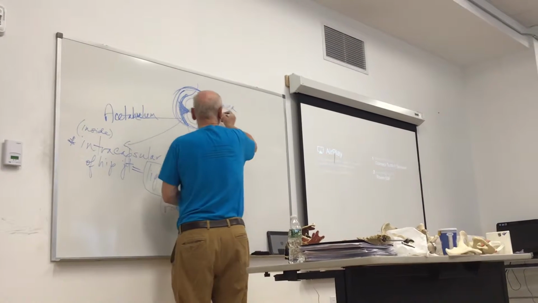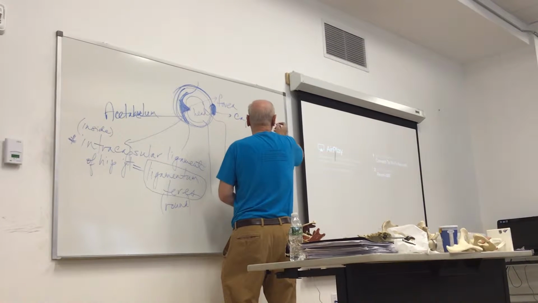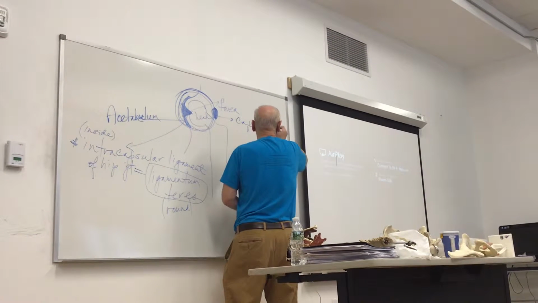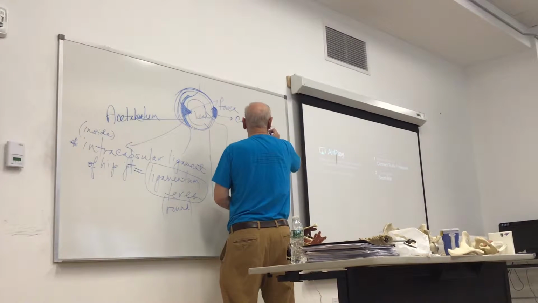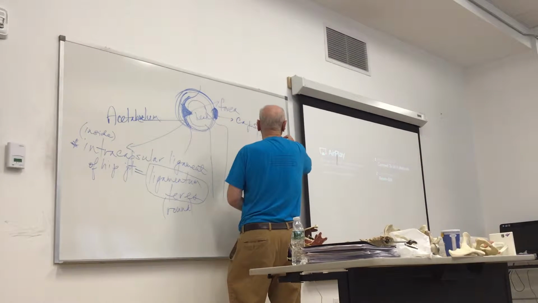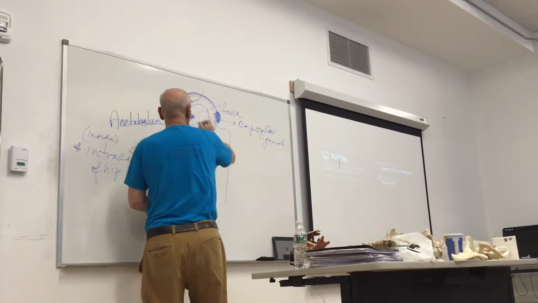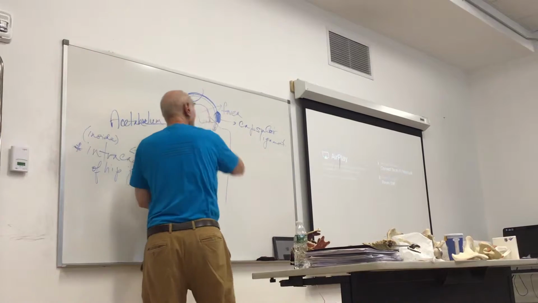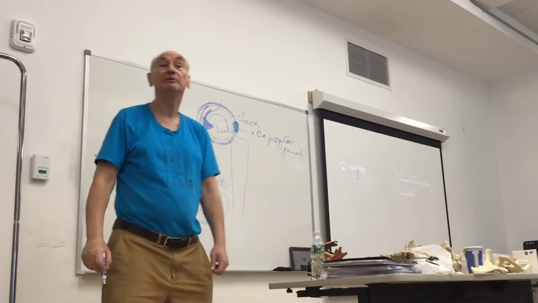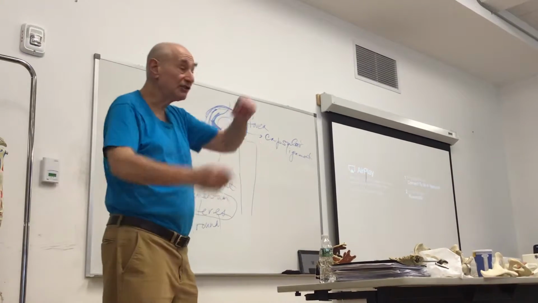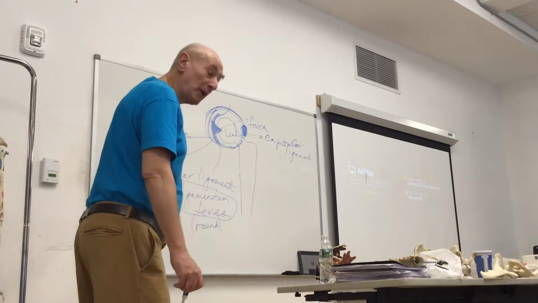So if it's just a thickening of the capsule, that's more on the outside, it would be called capsular, which probably won't be on the test, but that's capsular ligament. If it's just part of the capsule or thickening, it's capsular. And then there's one ligament deep inside. That's the ligamentum teres.